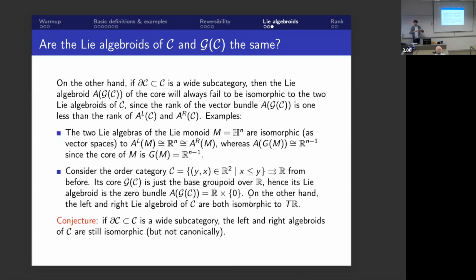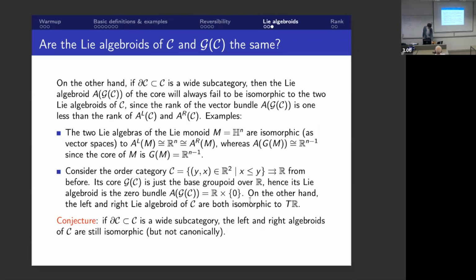So if the boundary of C is a wide subcategory of C. To me, wide subcategory means it is a subcategory and it contains all of the units. Yeah, precisely.